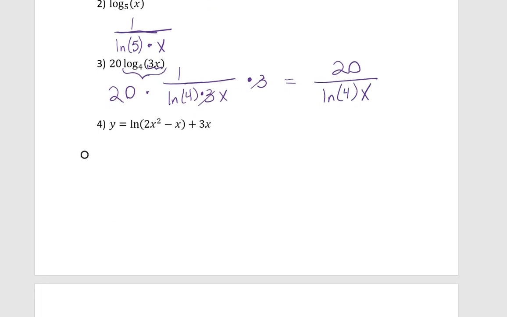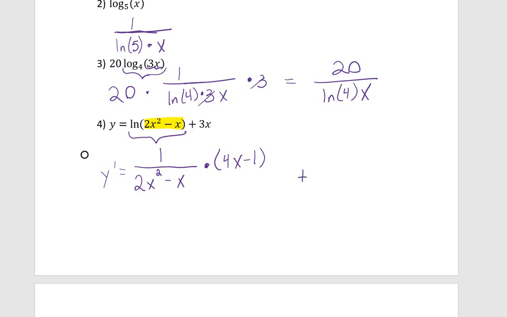All right, now for the next one, we have the natural log of this whole inside plus 3x. So we're taking the derivative of this piece. The derivative of the natural log of the inside is 1 over whatever the inside is, times that derivative of the inside. So the inside derivative is going to be 4x minus 1.